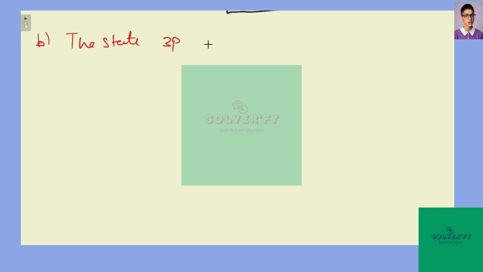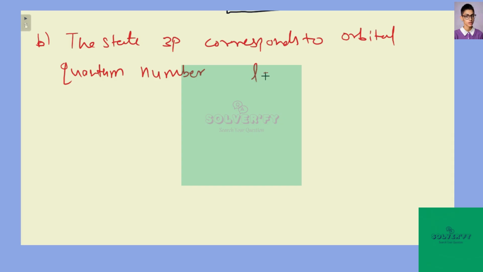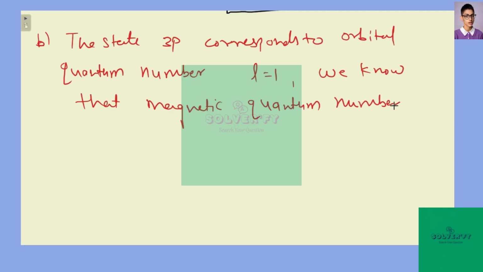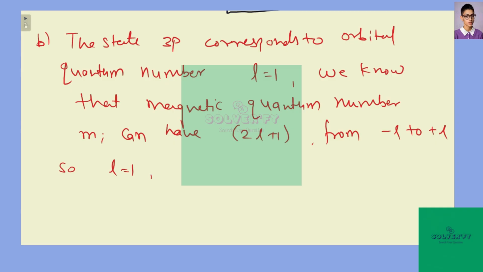The state 3p corresponds to orbital quantum number L equal to 1, and we know that for this the magnetic quantum number ml can have 2L + 1 values, from minus L to plus L. So L is equal to 1 and ml is equal to minus 1, 0 and 1.